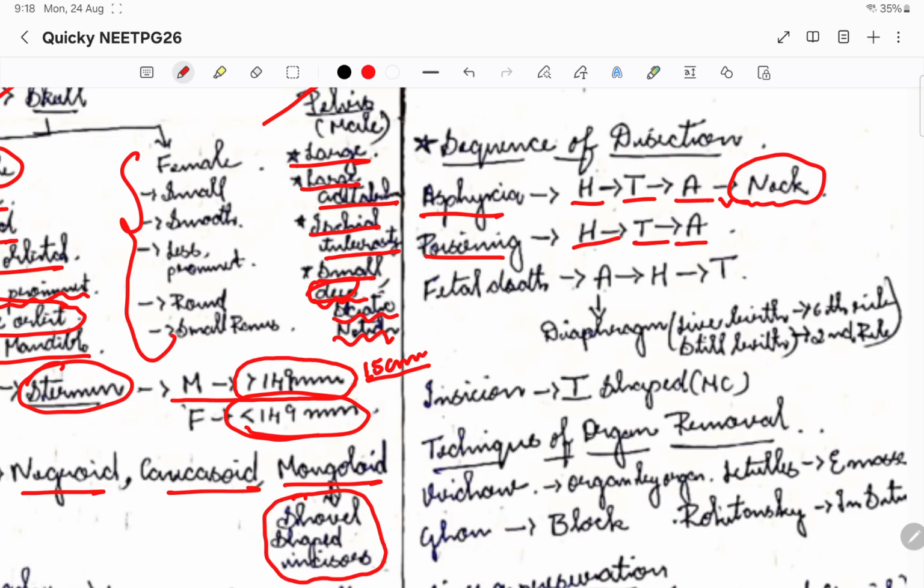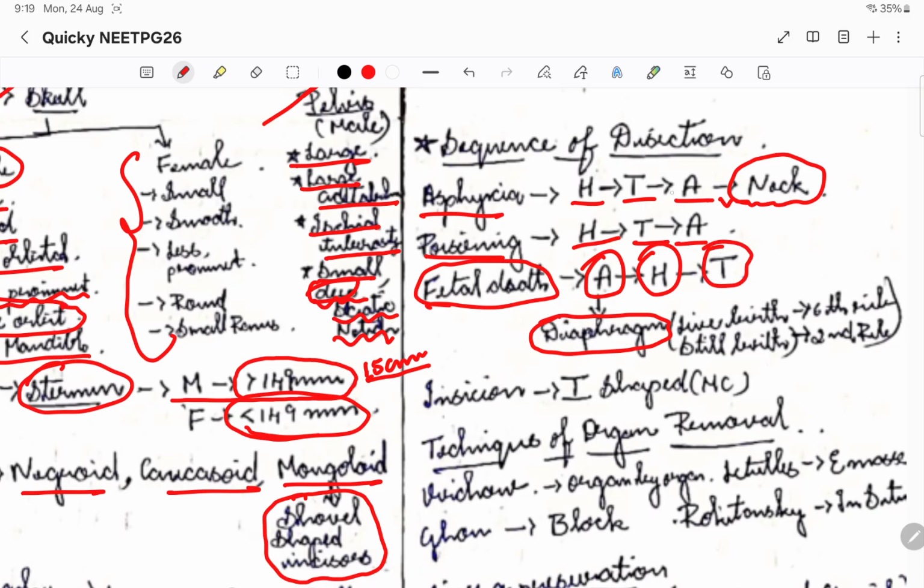But the major difference is in fetal death, because we have to determine whether the baby took a breath or not, whether a stillbirth or a live birth happened. That is why we have to determine the diaphragm position. So we'll open the abdomen first, then the head, then the thorax.